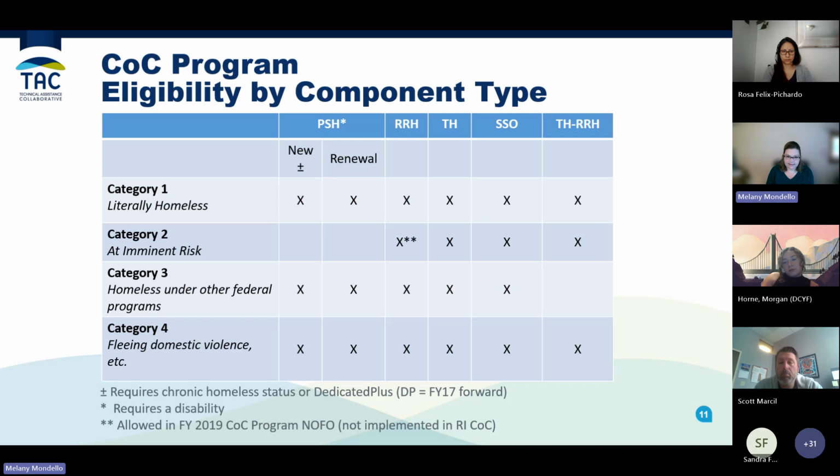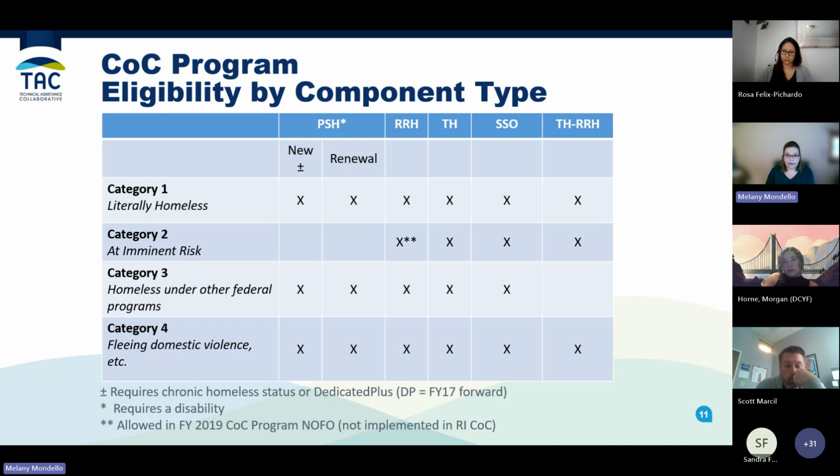These we will go over in detail today. Literally homeless, all project types, right? That's the classic definition of shelter, streets, the kind of typical homelessness that people outside of our fields think about. We'll go over category 2, 3, and 4, which are also allowed, but it depends on the mix of the programs on whether they're actually going to be implemented for that project type and within your CoC.